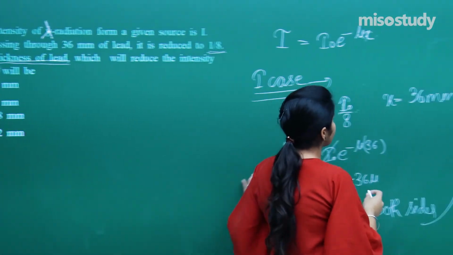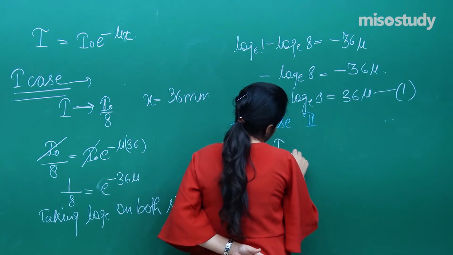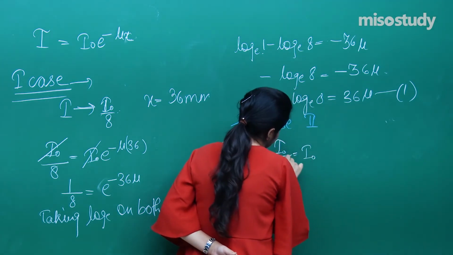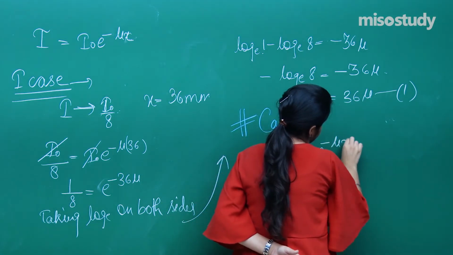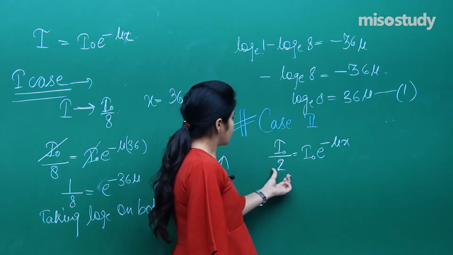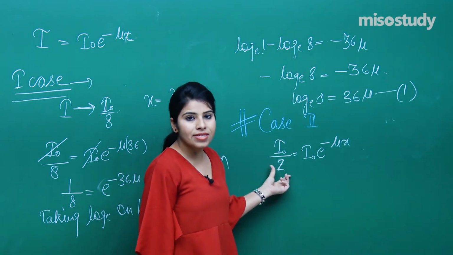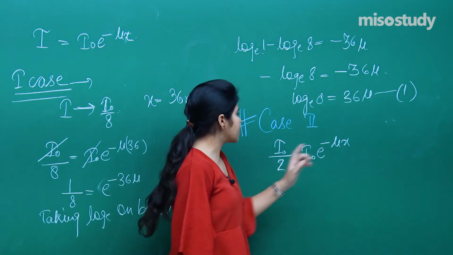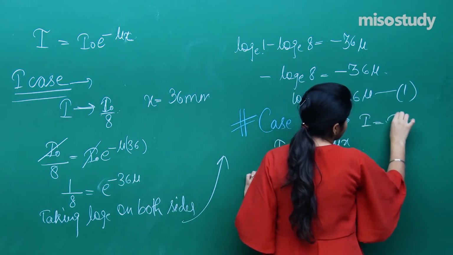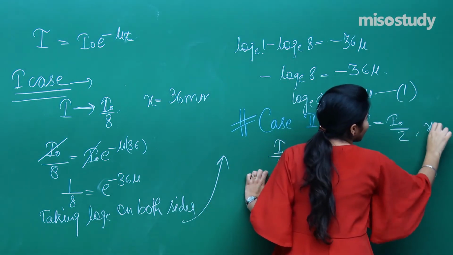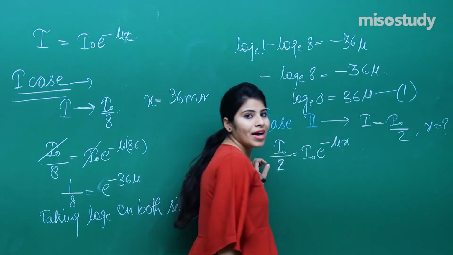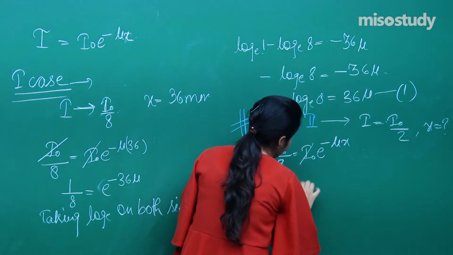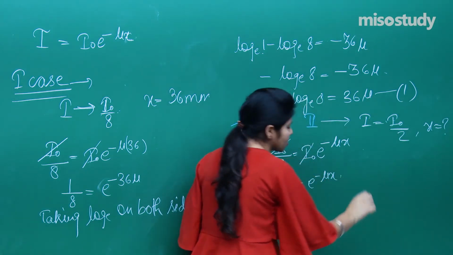So the intensity has been reduced to I naught by 2, and here you have to find out x. Again you can cancel I naught. Now you are left with 1 by 2 equals e raised to the power minus mu x, right?